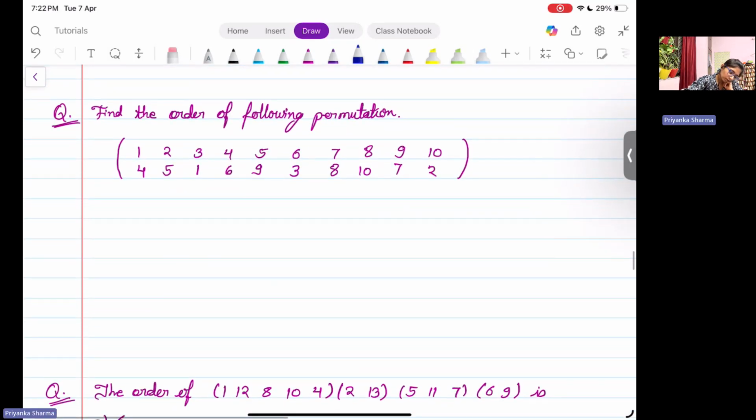Now find the order of this permutation. This sigma belongs to S10. What does it mean?